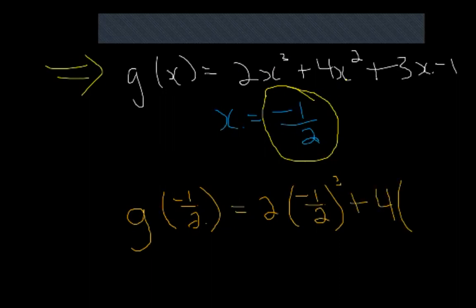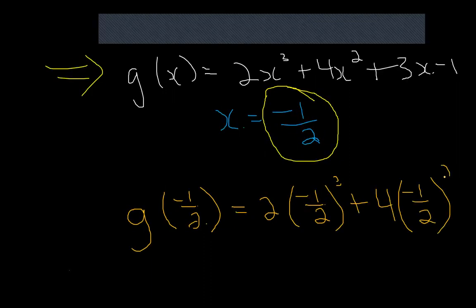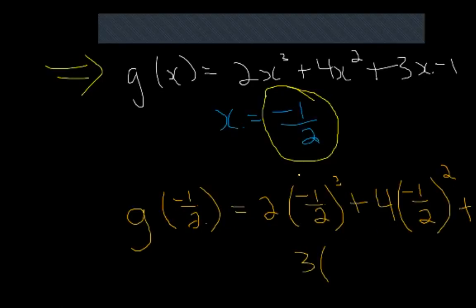I see an x here, but instead of putting x, I'm going to put minus a half. Minus a half squared plus 3. I see x here, instead of putting x, I'm going to put minus a half. Minus a half minus 1. You good now?